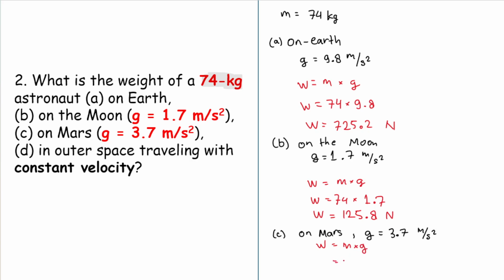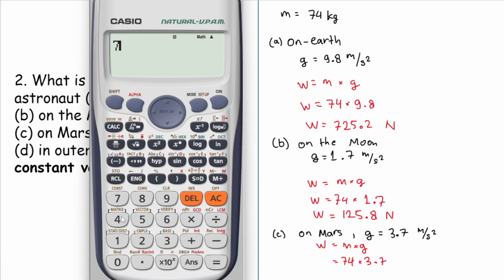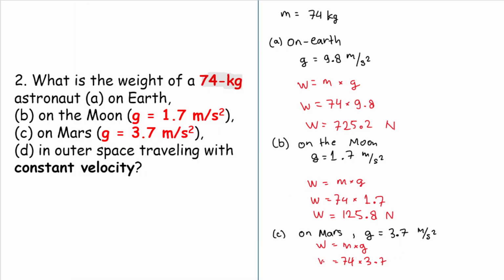The mass is 74, and the gravity here is 3.7. Let's put that into the calculator. 74 multiplied by 3.7 will be 273.8, and the unit here will be Newton.